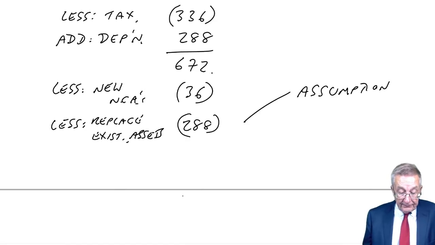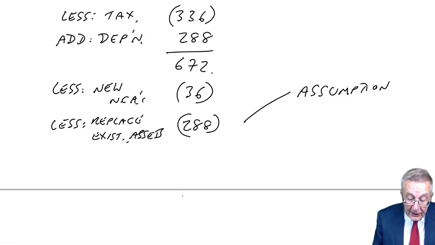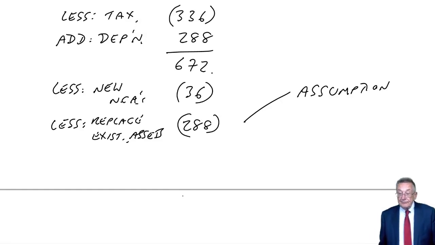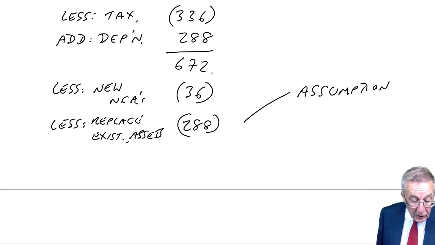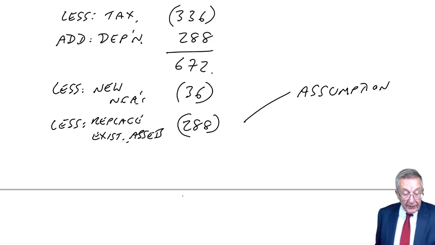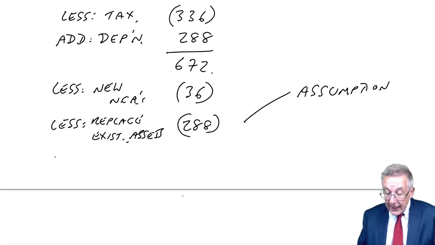What else? There's interest paid, irrelevant. Because I want the net cash flow like before, cash flow available for all providers of finance. Interest is effectively accounted for in the discounting. But the extra bit that is going to affect the cash and is relevant is any increase in working capital.